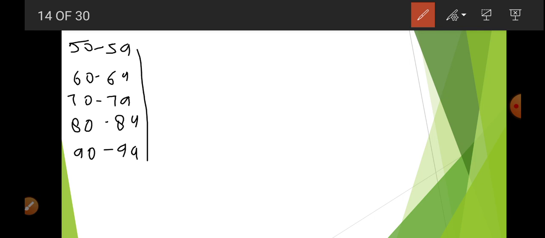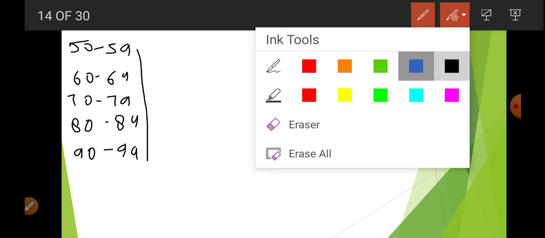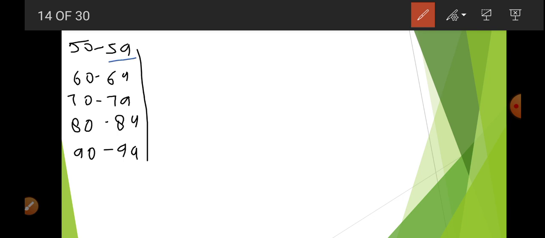Now we are going to convert this series into an exclusive series. You can see here, student, that this upper limit is not the lower limit of the next class interval, so we have to change it. So what will be the difference? 60 minus 59, it will be 1. 1 divided by 2, it will be 0.5. So this 0.5 is subtracted from the lower limit and added to the upper limit.